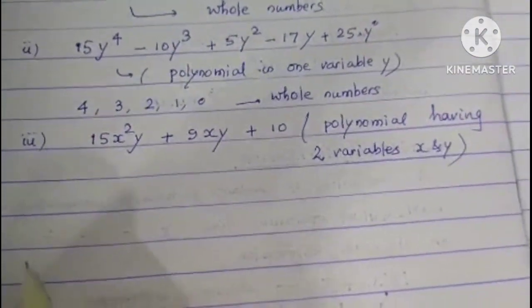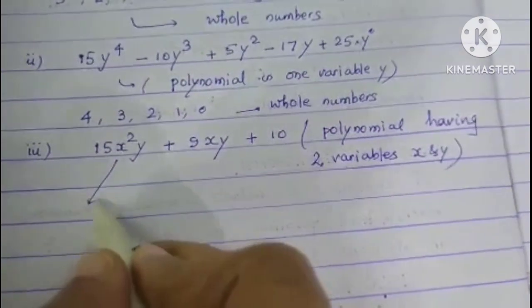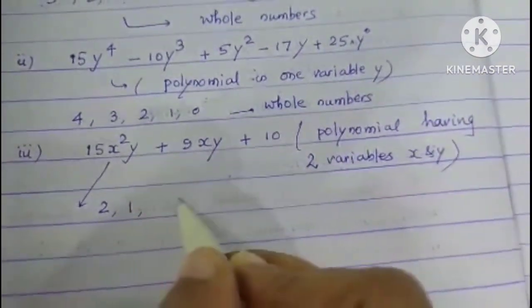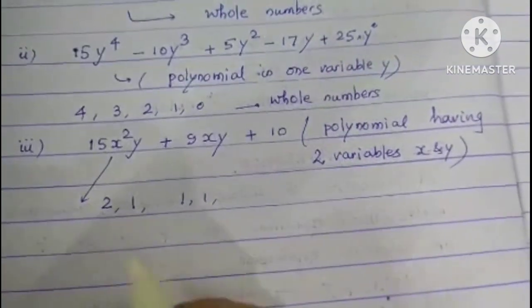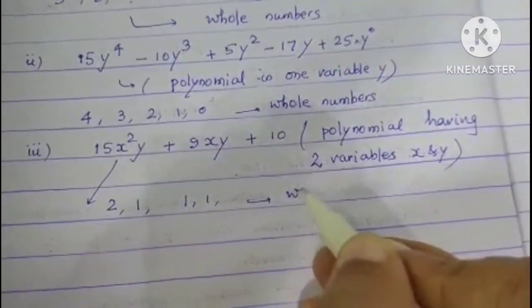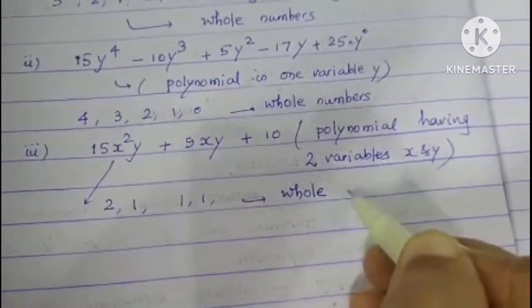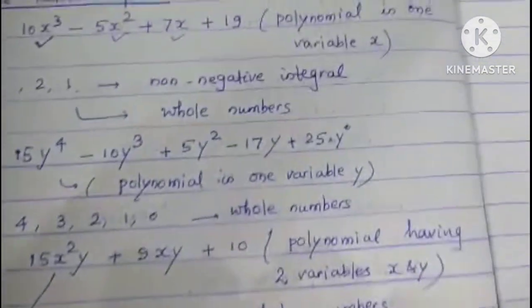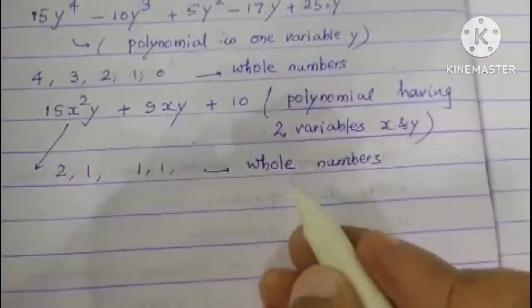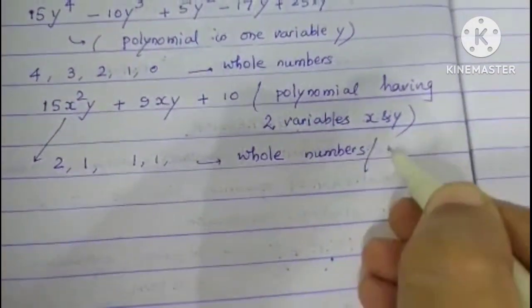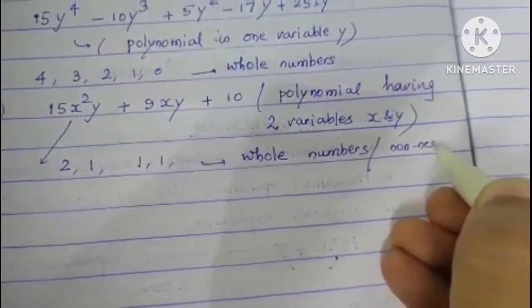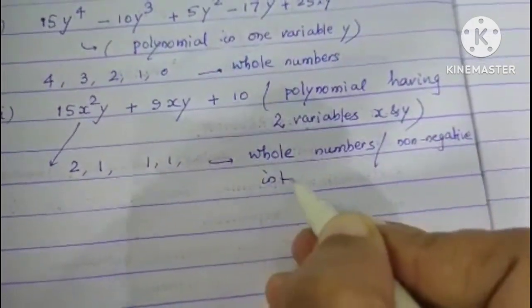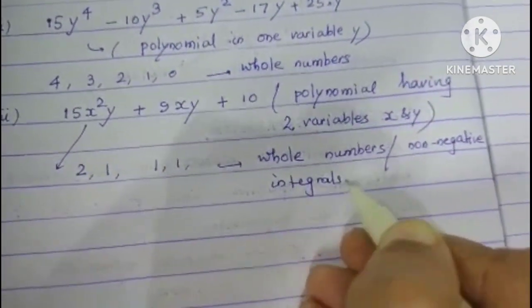Now you can check the power of the variables. Here the power is 2 and 1. Here the power is 1 and 1. So all the powers are whole numbers or non-negative integers. So this is an example of polynomials.